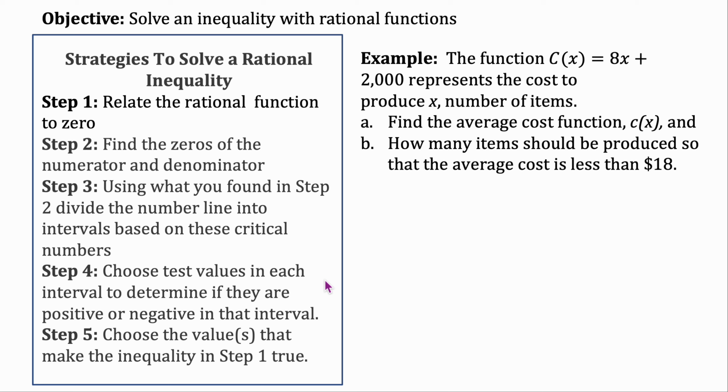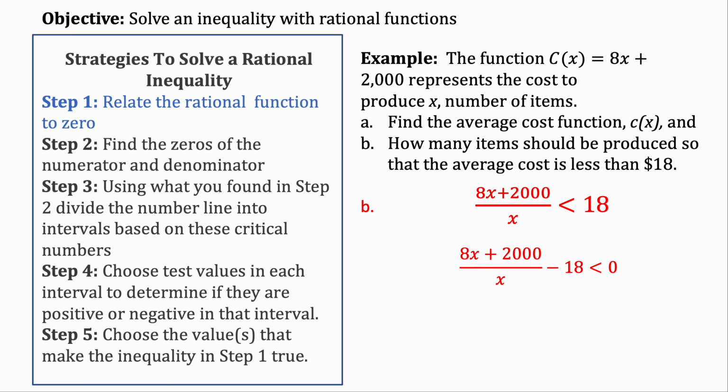Now, the average cost function, we're just going to divide our big C of X function, our cost function, by X. So 8x plus 2,000 divided by X has to be less than 18. And that would be part B.